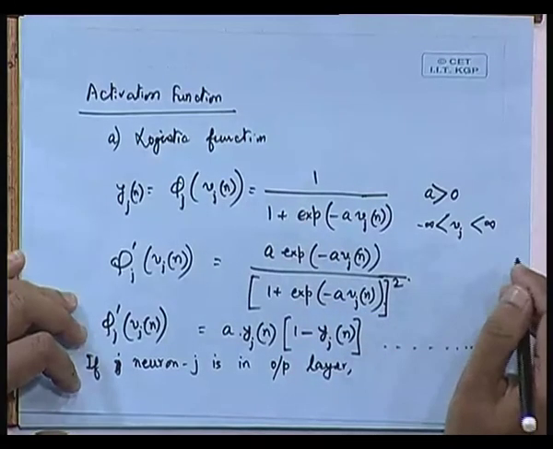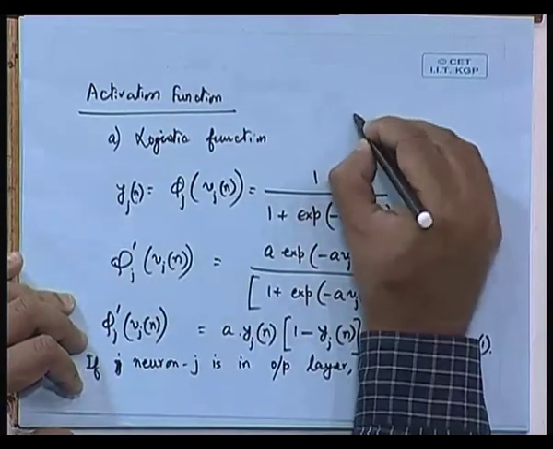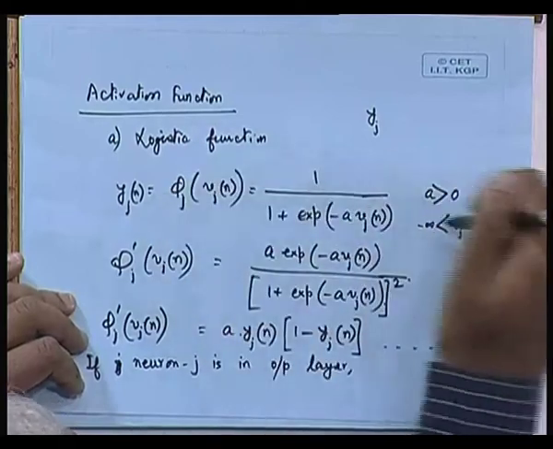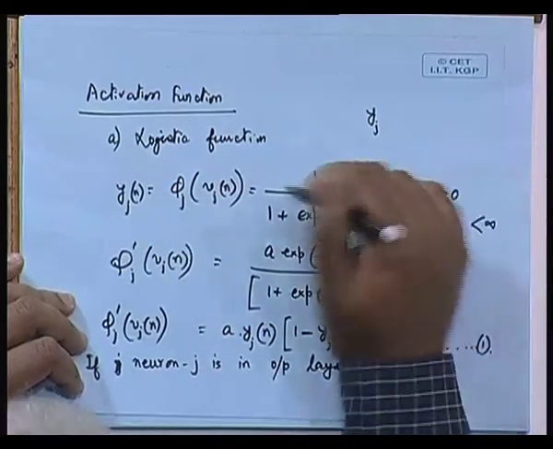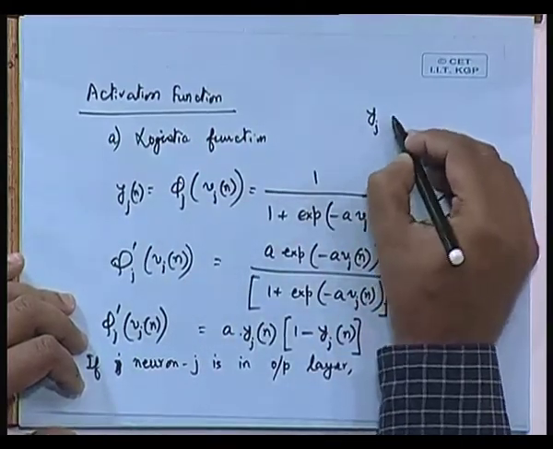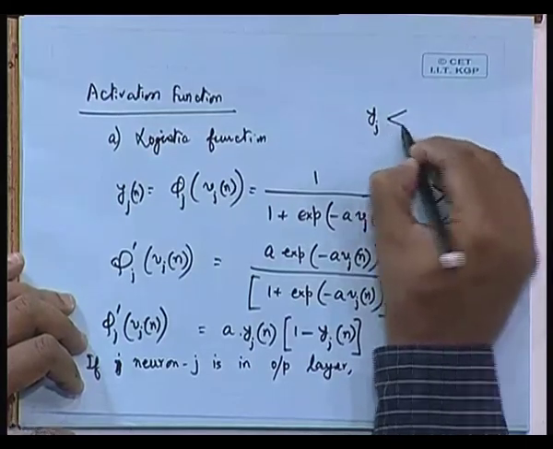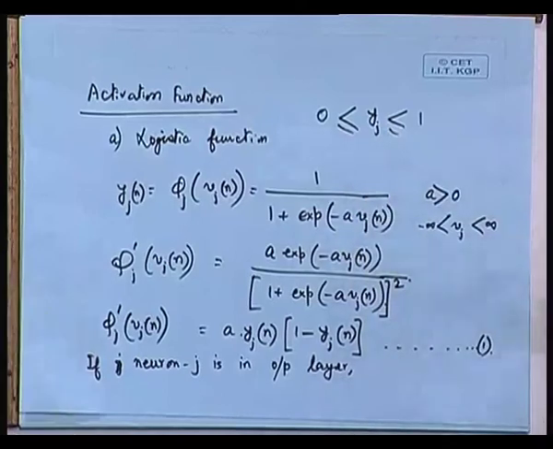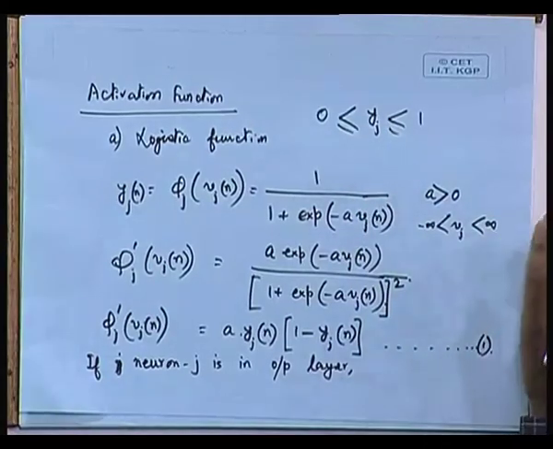So, the way we have written the formula, considering this kind of logistic function, our yj's bound is going to be in the range of 0 and 1. Certainly you all agree about the bounds of yj.